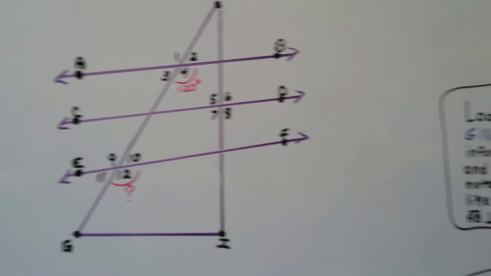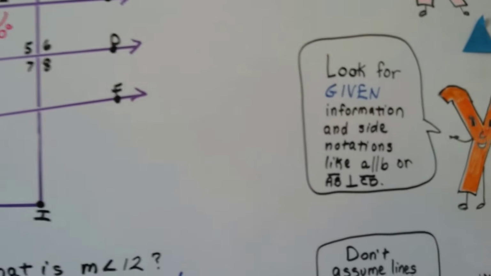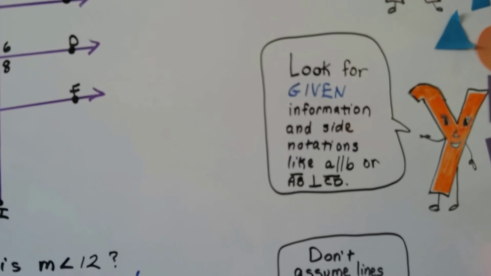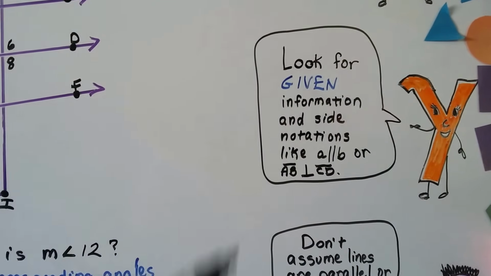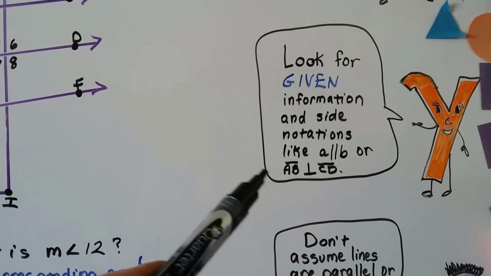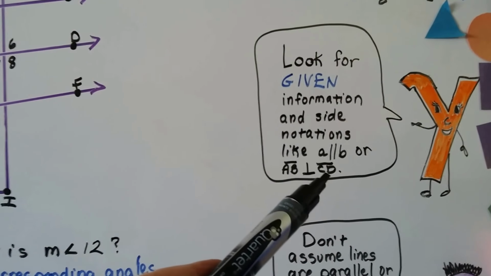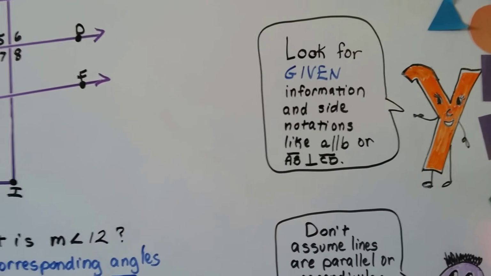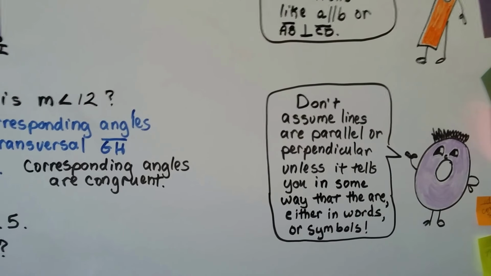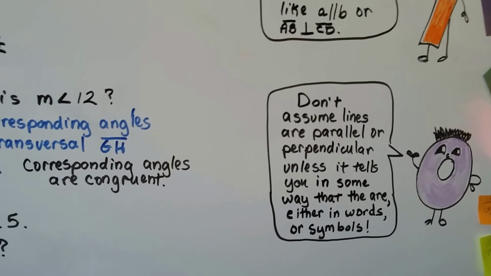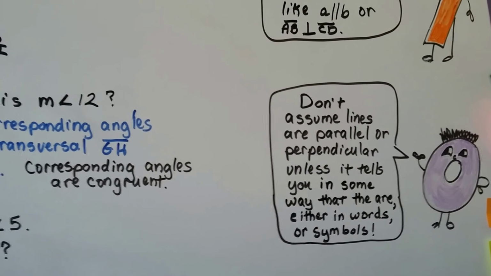See? So look for given information in notations like A is parallel to B, or that line AB is parallel to CD, because then you know there's going to be some right angles, right? And don't assume lines are parallel or perpendicular unless it tells you in some way that they are, either in words or symbols.